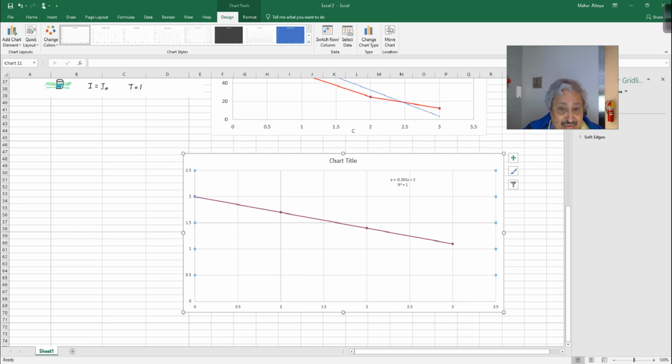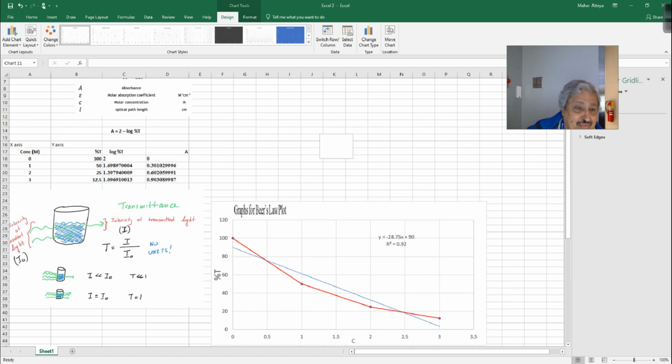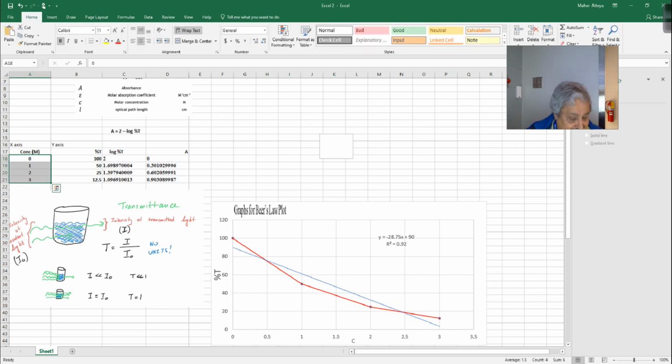So let's do number 3. Number 3 now, we had log transmittance versus the concentration here, correct? Everybody can see it? Now, what's the relationship between absorbance and concentration? So I will highlight this, guys. My finger on control, and I'll take the transmittance.